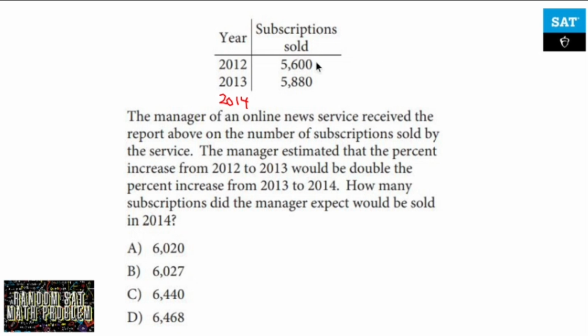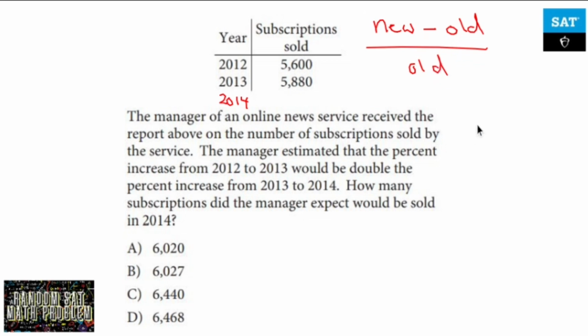All right, so let's find the percent of increase. The way you find the percent of increase is you take from point A to point B, your old to new, you take your new, subtract out the old, and divide it by the old. That's how you find the percent of increase.